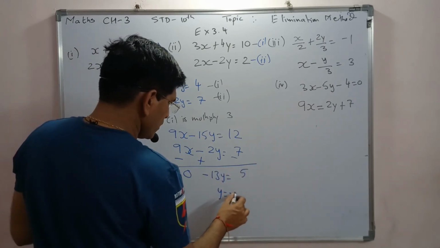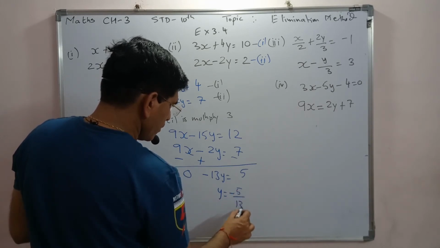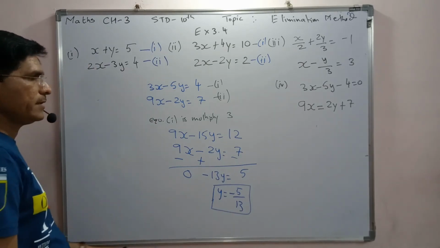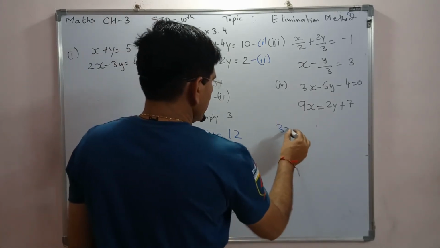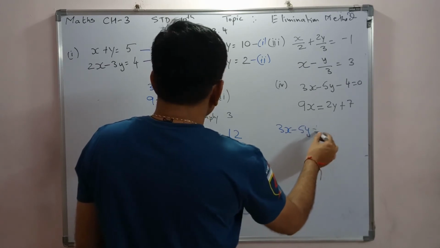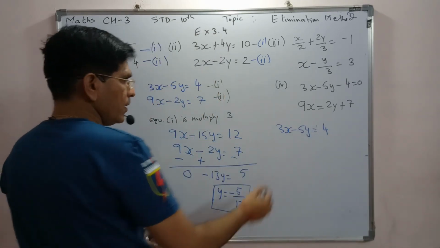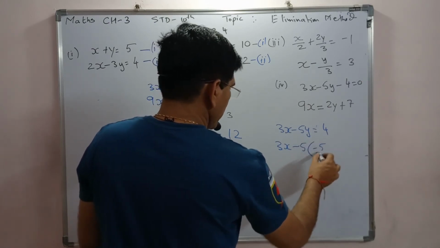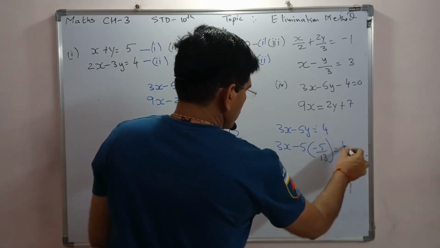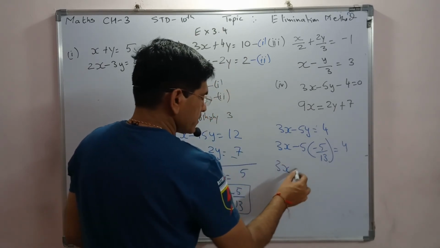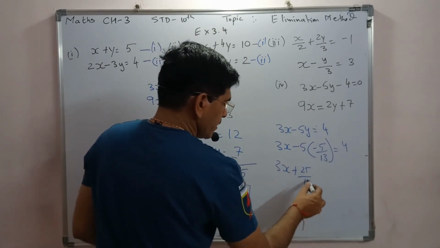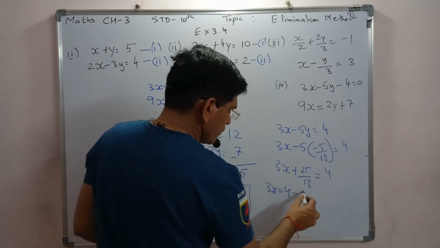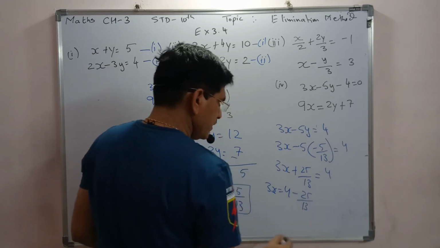So y is equal to minus 5 upon 13. That we have to put in 3x minus 5y is equal to 4. So 3x minus 5 into minus 5 upon 13 is equal to 4. So 3x plus 25 upon 13 is equal to 4. So 3x is equal to 4 minus 25 by 13.